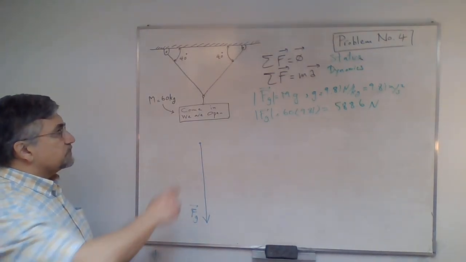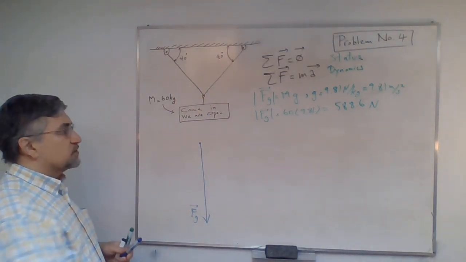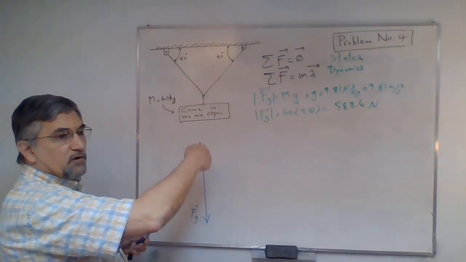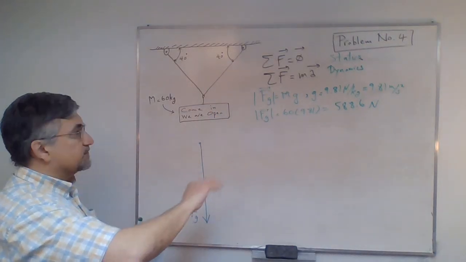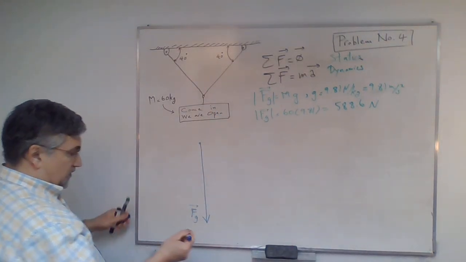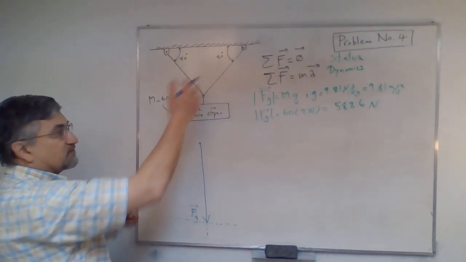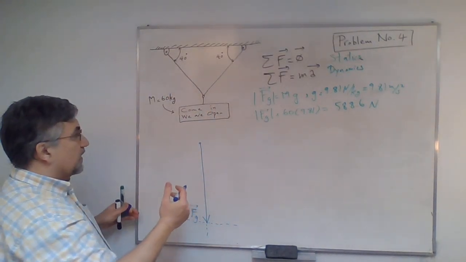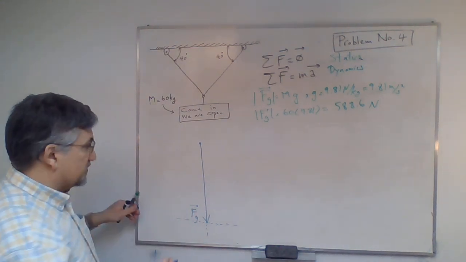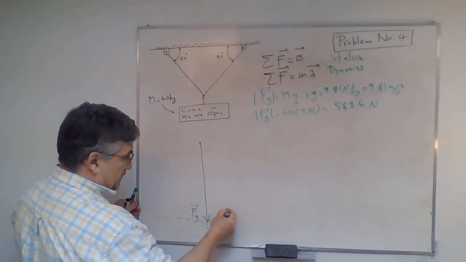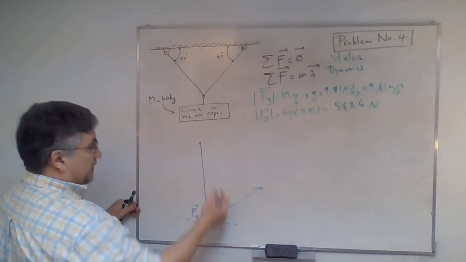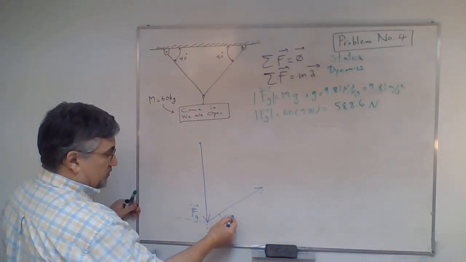And then we have this tension force, which sort of holds it on the right-hand side of the figure. So if I add that tension force with this force of gravity, I should draw a vector which looks like this, and it makes an angle of 40 degrees with the horizontal.